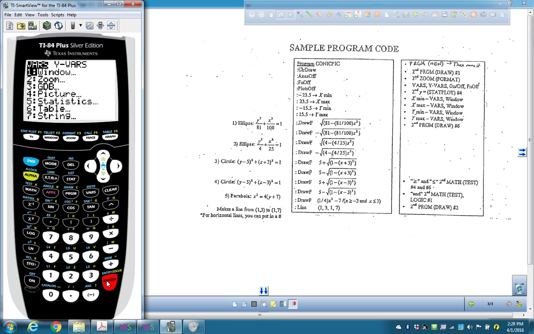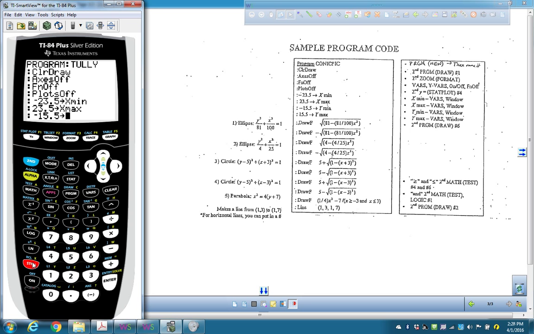And then you hit enter. So that's the left side of your graph. Then you're going to go 23.5. You're going to store that as vars, window, X max. Then you're going to do that for negative 15.5.